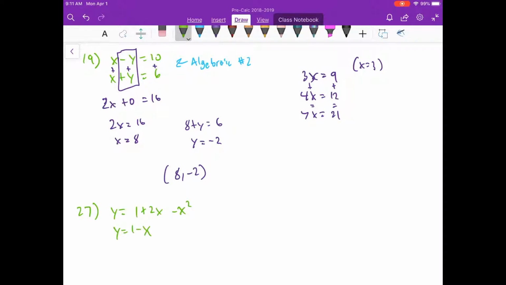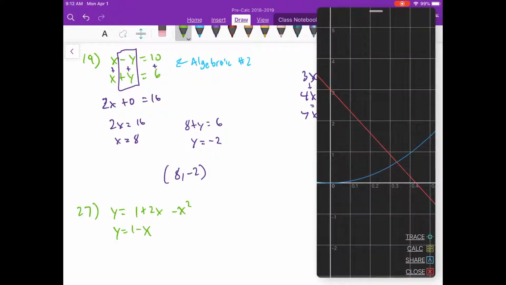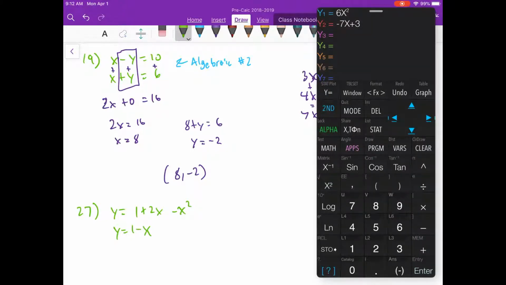The advantage of graphing is that you can take a really complex equation that you don't want to solve for y or solve for x, and you can do it relatively quickly. The disadvantage is it's imprecise.